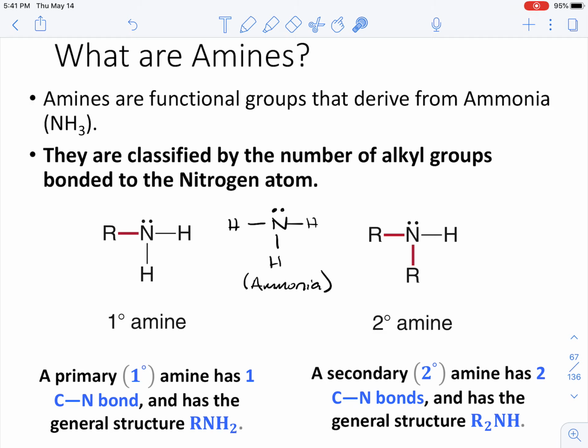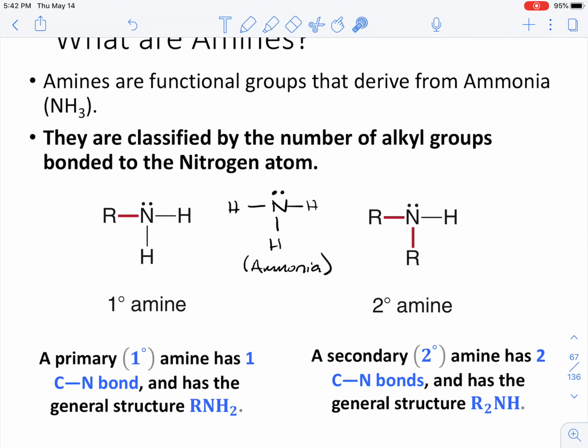And so we can classify amines based on the number of alkyl groups, or R groups, or carbon chains that are bonded to the central nitrogen. This method of classification is analogous to alcohols, where we have a primary alcohol, a secondary alcohol, and a tertiary alcohol.